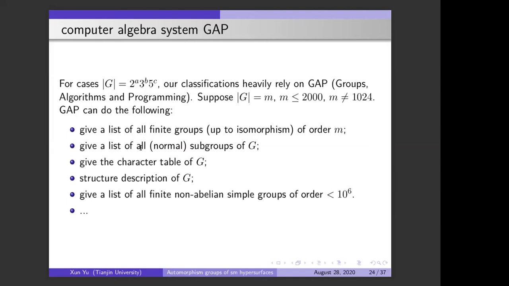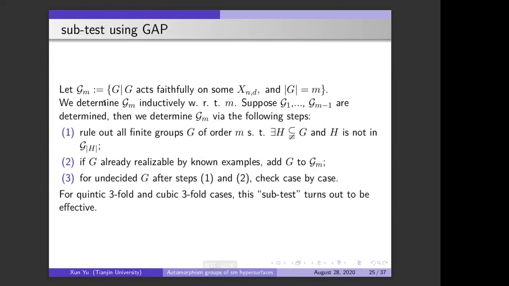With those functions in hand, we can do the so-called subtest using GAP. What does that mean? We want to consider the set of all finite groups G that can act on some smooth X in dimension D, with G of order m.